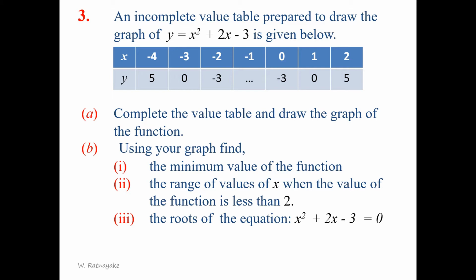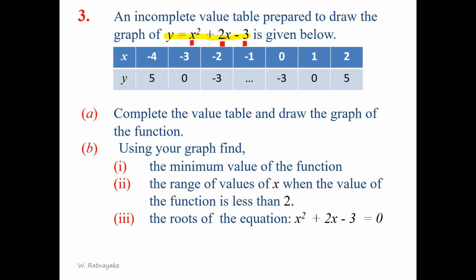When x is minus 1, minus 1 squared is plus 1, and here minus 1 times 2 is minus 2, minus 2 minus 3 is minus 5, minus 5 plus 1 is minus 4. Therefore, the value of y when x is minus 1 is minus 4.